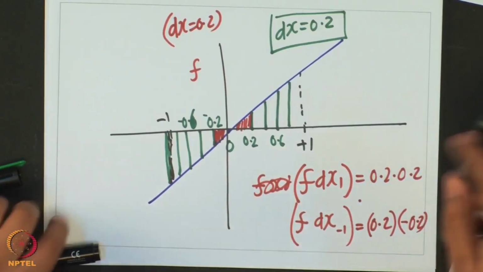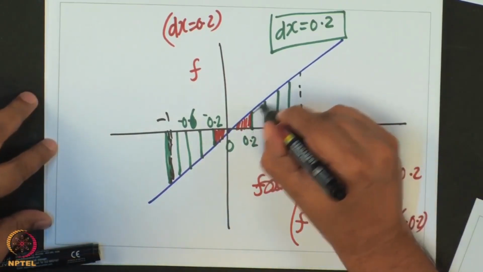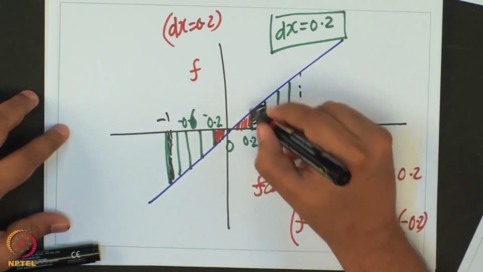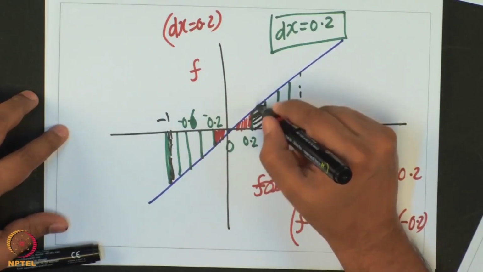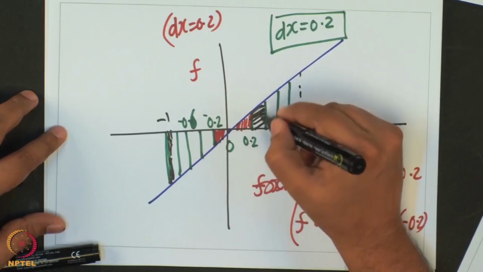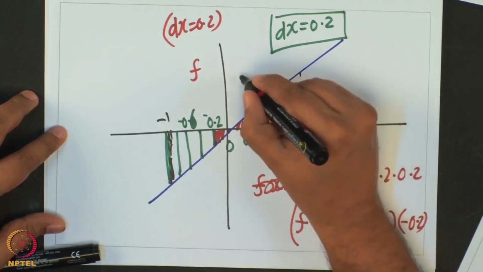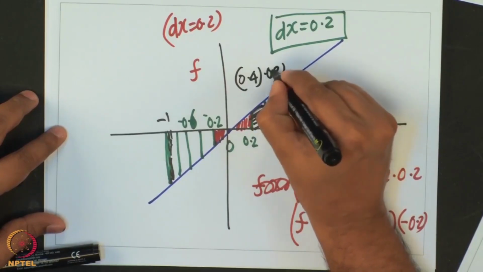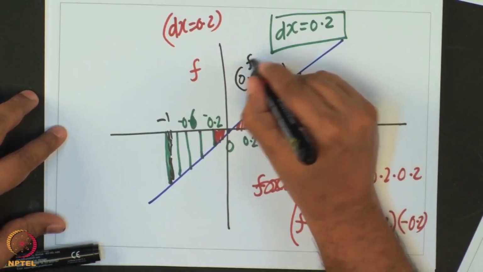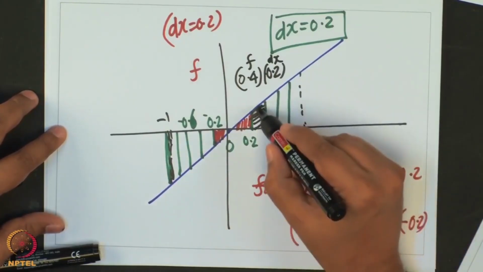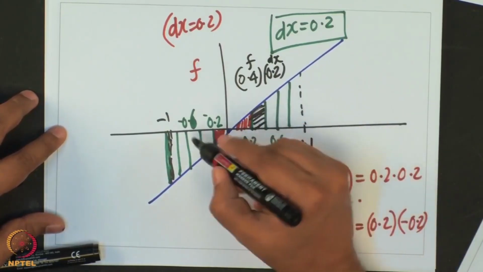Similarly here, my interval is 0.2, but the function value at 0.4 would be 0.4 times 0.2. 0.2 is my interval, f dx. Here the function is positive and the interval is positive.